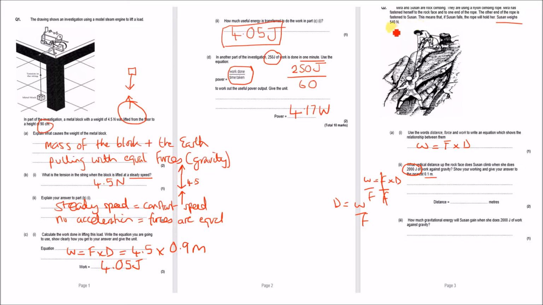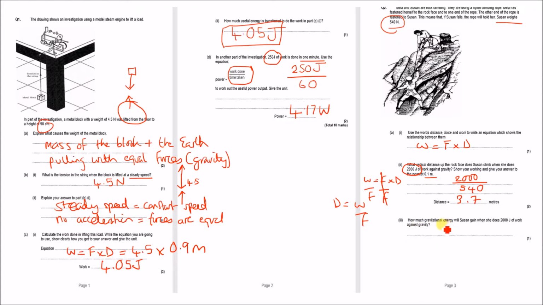Susan weighs 540 newtons. Okay, remember, weight is a force, it is in newtons. So if we do the division, we've got 2,000, and we're going to divide that by 540, and this will give us the distance, which is equal to 3.7 meters.